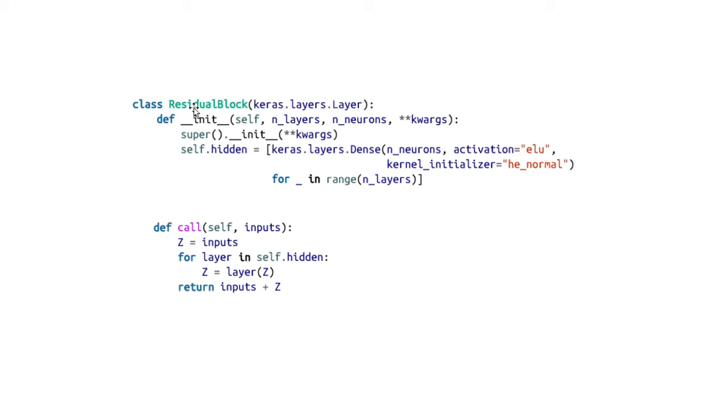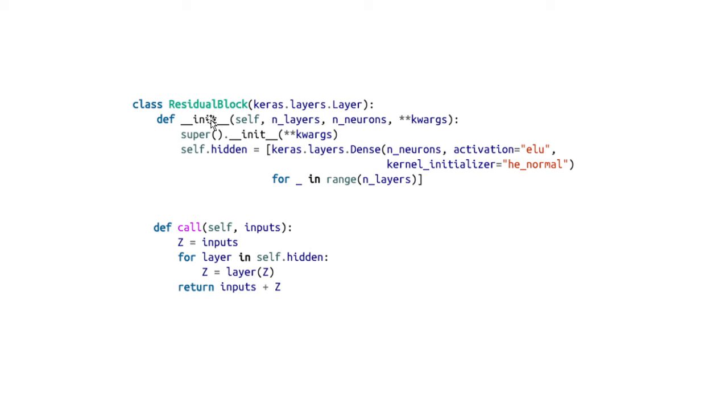We will begin by writing the first residual block, which is the subclass of keras.layers.Layer. In that we have two methods, the init or constructor, that's the initialization method, and a call method, which is used for computation.